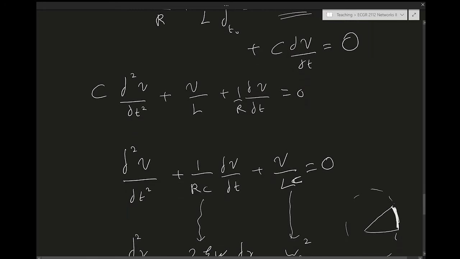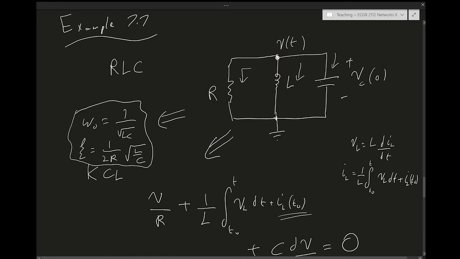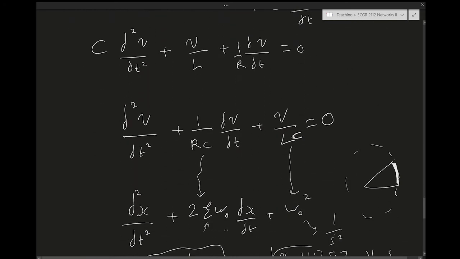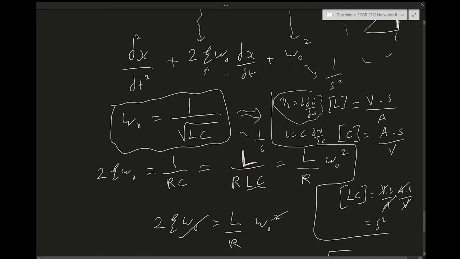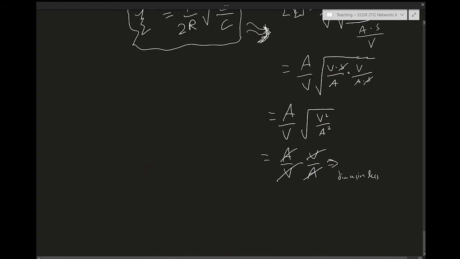Okay, so for this circuit, omega naught is going to be 1 over square root LC, and zeta is going to be 1 over 2R square root of L over C. Now, the example gives me specific values for the capacitor, the inductor and the resistor, and asks us to solve the equation and get the second order response.